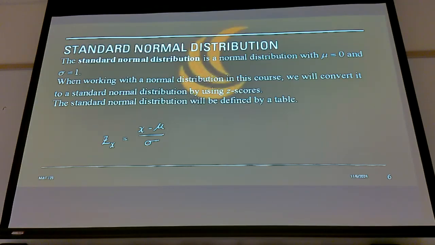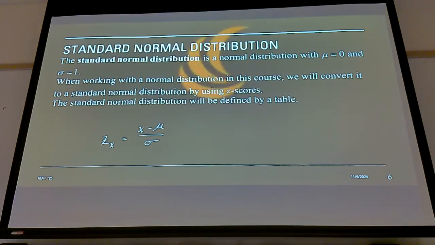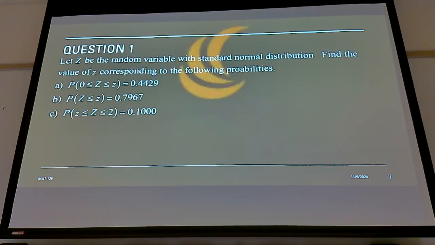And then what you'll see is if we're talking about a standard normal distribution, we would typically represent that random variable with a capital Z. And so your standard normal distribution would be your set of all those z values. So Z is a random variable, a standard normal random variable.